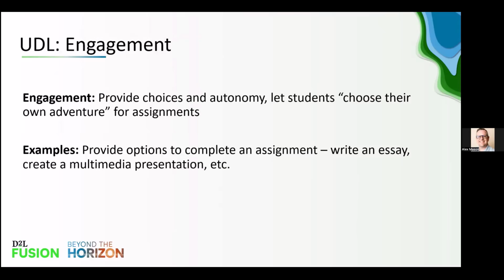So engagement is how we provide choices and autonomy. We let the students, quote unquote, choose their own adventure, say for assignments. An example would be to provide options to complete an assignment. For instance, you could give students the option to, for the same assignment, either write an essay, or maybe they could create some sort of multimedia presentation, maybe a video, or a number of other options.